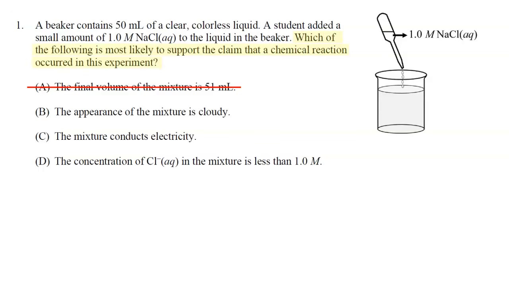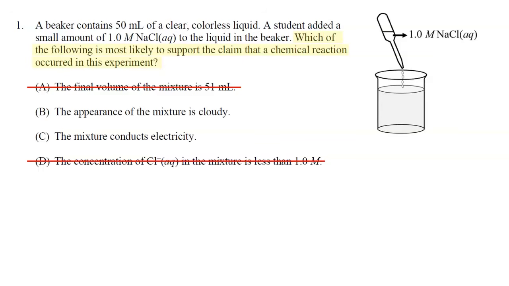So the concentration of sodium chloride would decrease. The concentration of chloride would be less than 1 molar, but just diluting the solution is not necessarily evidence that a brand new substance is produced. So we can eliminate choice D.